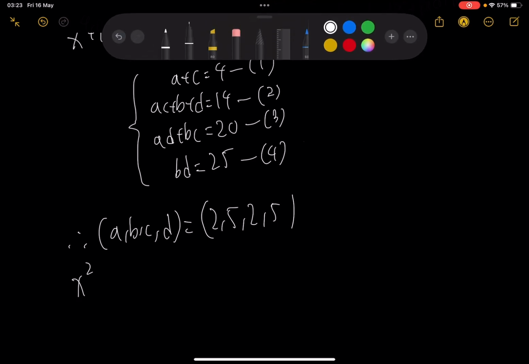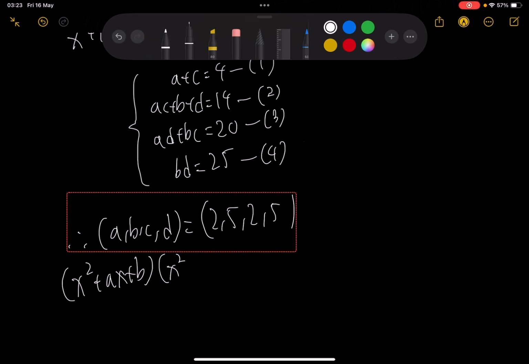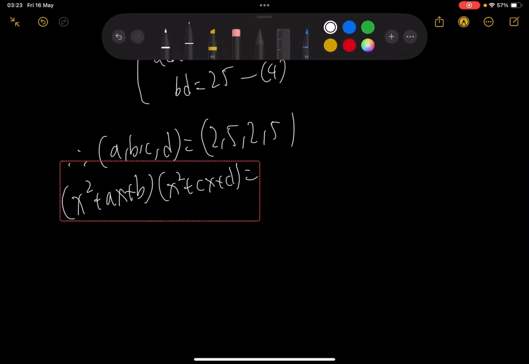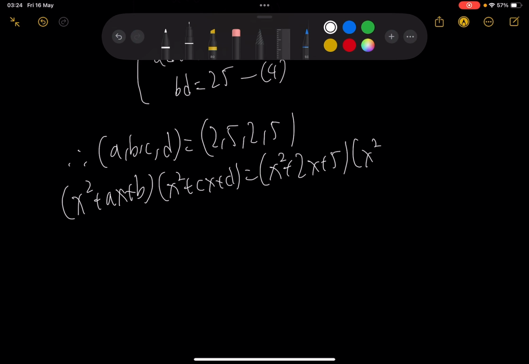You can get x squared plus ax plus b. I'm going to write this again, cx plus d, which is equal to x squared plus 2x plus 5 times x squared plus 2x plus 5. Therefore you can get this entire thing squared, like that.